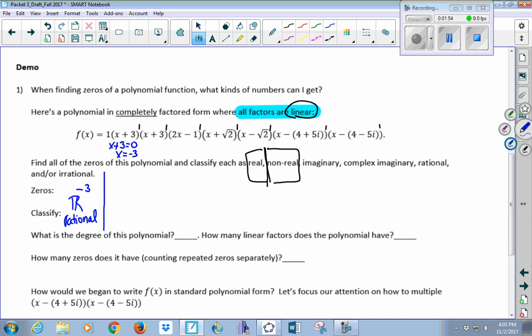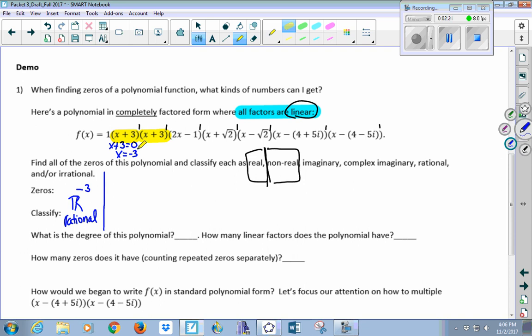Now what you might notice here is that the factor x plus 3 actually occurs twice. And we still will count this zero, -3, as twice. We'll say that this zero occurs twice. And if you think about it, you could write x plus 3 quantity squared. It has a multiplicity of 2.